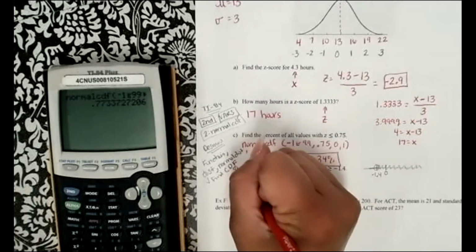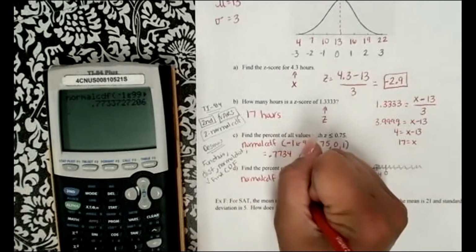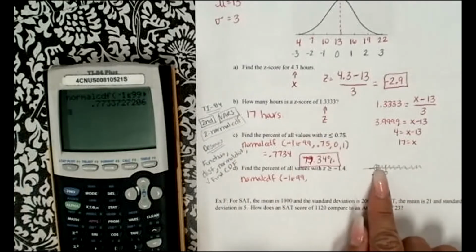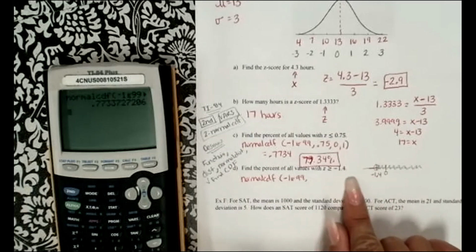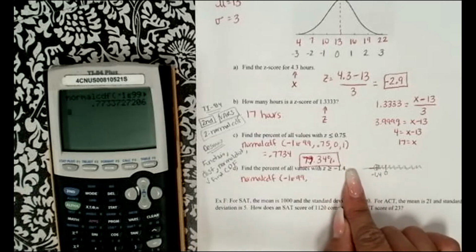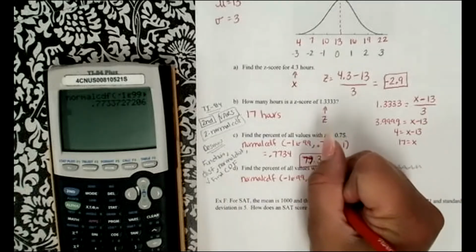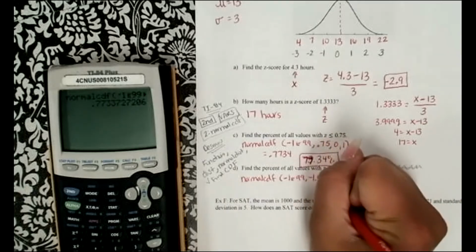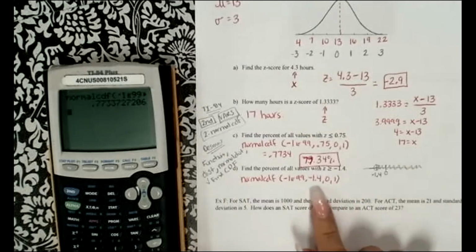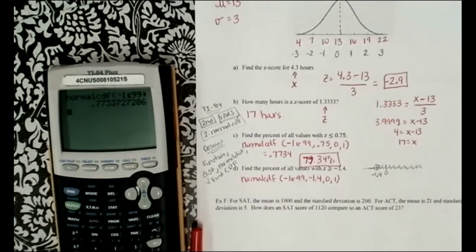Now, when I'm doing my normal CDF, I'm going to still leave it as negative infinity. But what I want you to recognize is because I'm leaving it as negative infinity, it's going to be the left side. So whatever you get, you need to take that away from 100 because you want the one that is greater than negative 1.4. And then I'm going to calculate it at negative 1.4. So remember, whatever answer it's giving me is this side of it. So let's share my screen.